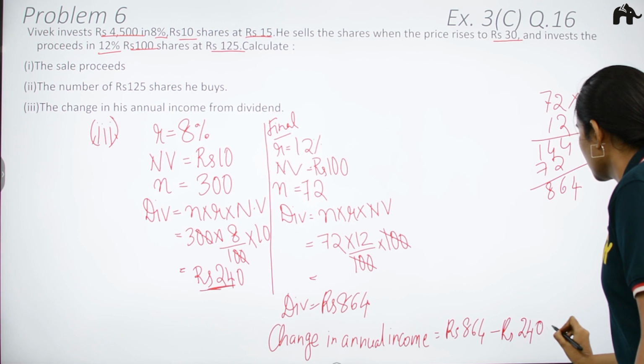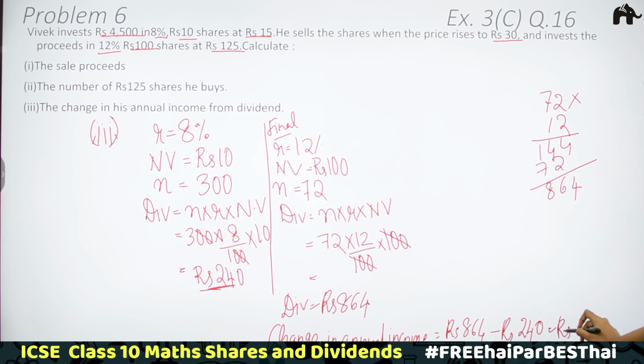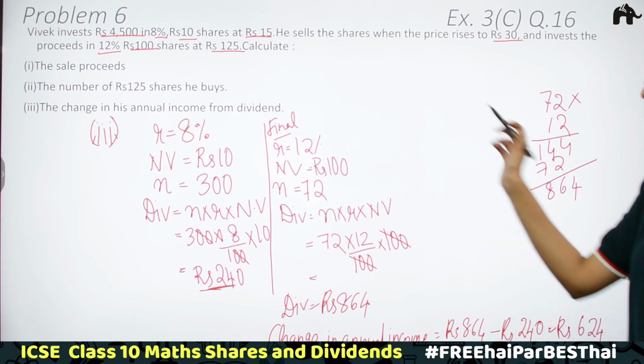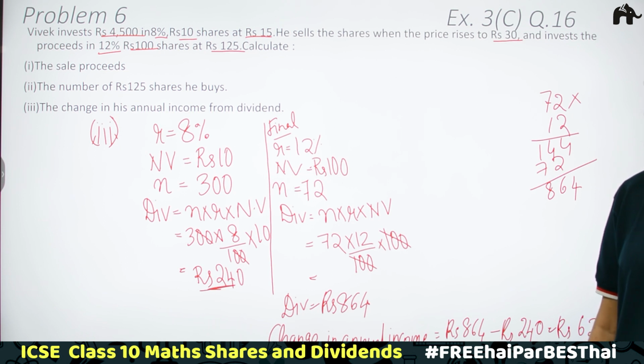That is rupees 624. This is your final answer. That is the change in his annual income from dividend. Clear? Yes?